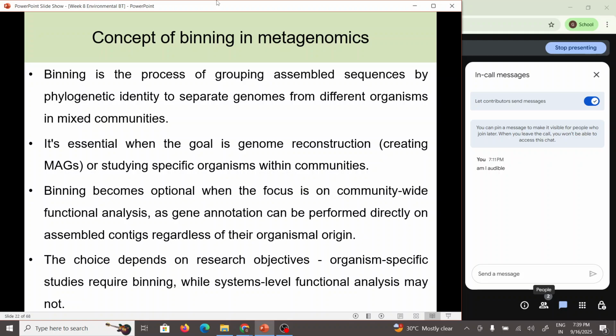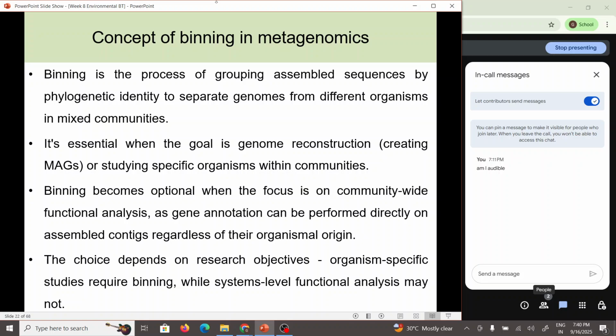So that is what is written in the third point, that binning becomes optional when the focus is on community-wide functional analysis, as the gene annotation can be performed directly on the assembled contigs regardless of their organismal origin. The complete meaning of this statement is, when we want to do a community-wide functional analysis, our target is to study only the functions performed by the microbial community, then we need not go for binning, because when we have small fragments, each of it we can identify as a gene, and based on the sequence we can correlate it to the function of the gene.